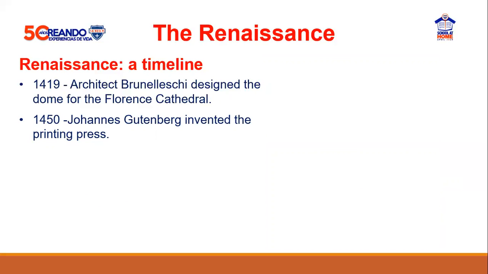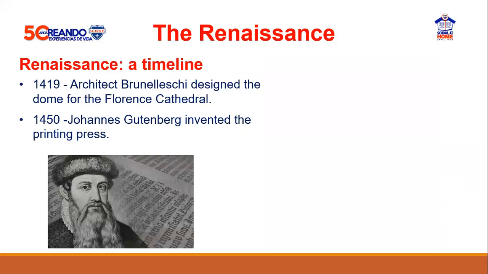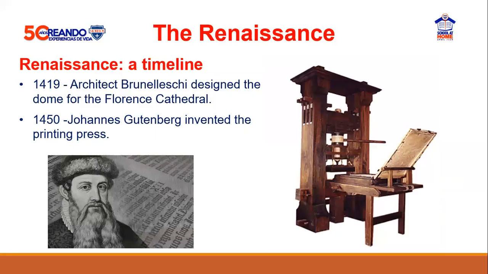Well, in the year 1450, Johannes Gutenberg invented the printing press in England. This is happening in England. And what is the result? Well, here we have Johannes Gutenberg, and next we have his invention, the printing press.